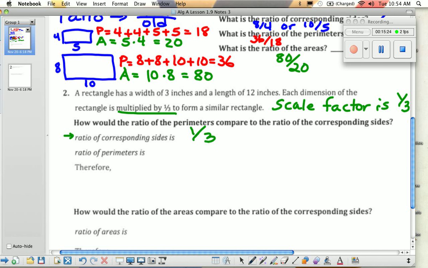Remember now, our new rectangle, we said we get smaller because the scale factor is 1/3. So we have a smaller rectangle now. What would its length be? What's a third of 12? 4. What's a third of 3? 1. What's the perimeter of our new one? 10.